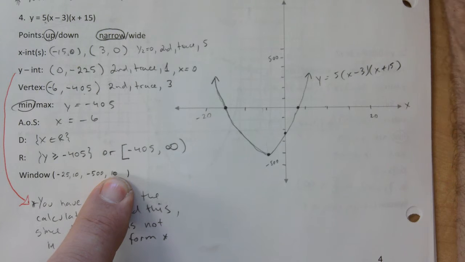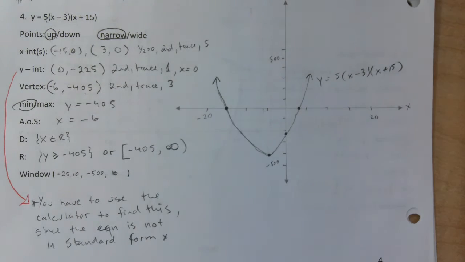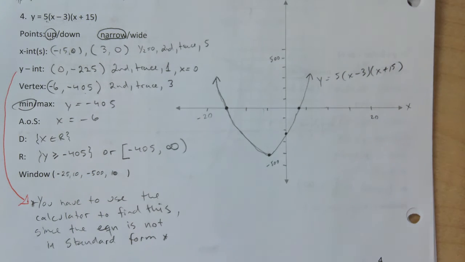So I made a mistake on my key. That was supposed to be negative 520. If you caught that, good. But I will never ask you for the window. It was just there for you to know what to do. I hope that didn't throw you off too much. Good point. I'm going to fix that here.